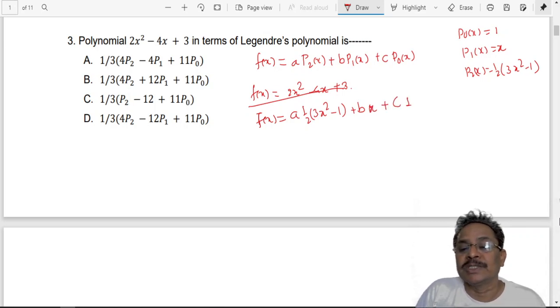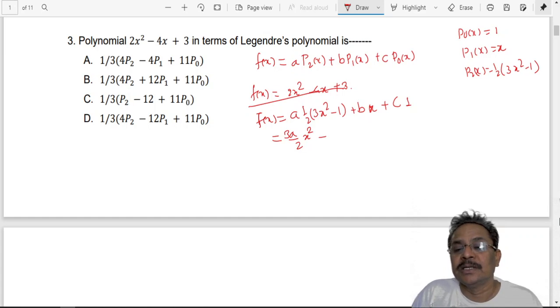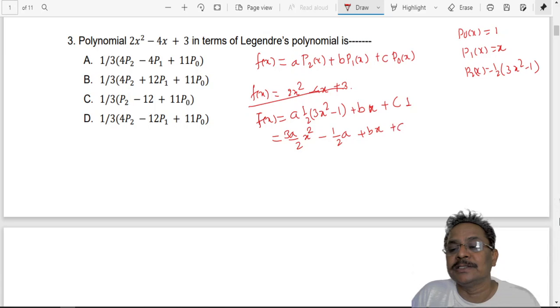So simplify this further. Simplifying this I'll get a by 2 times 3x square, that is 3a upon 2 times x square, minus 1 by 2 times a, as well as b times x, and plus c.